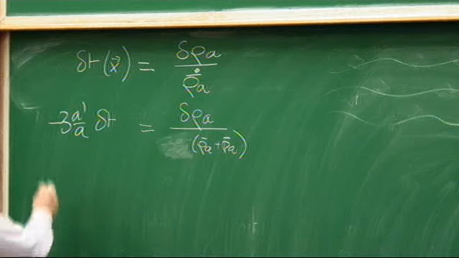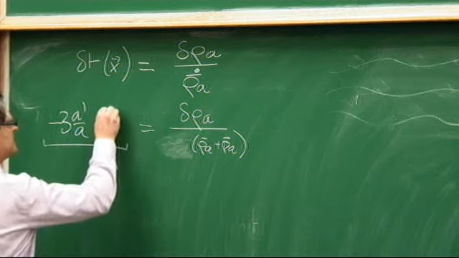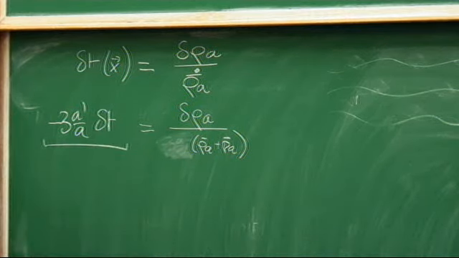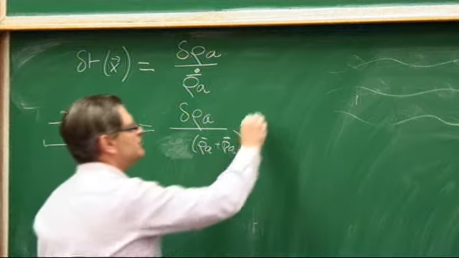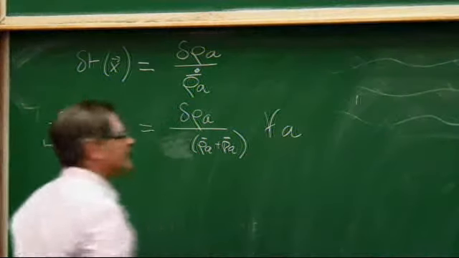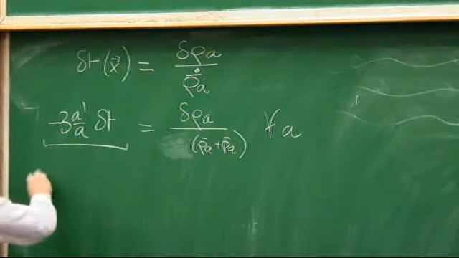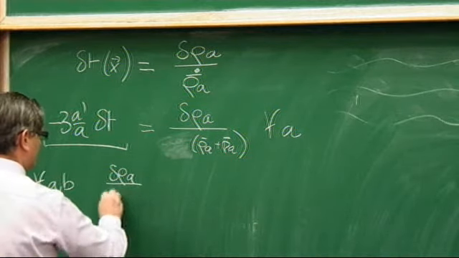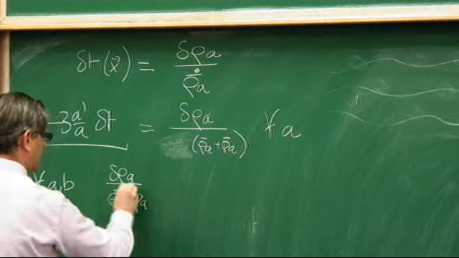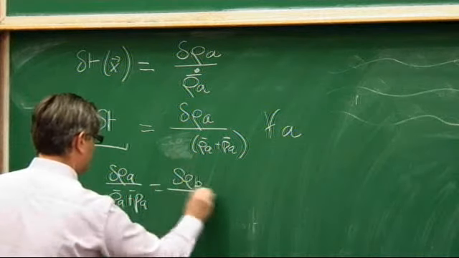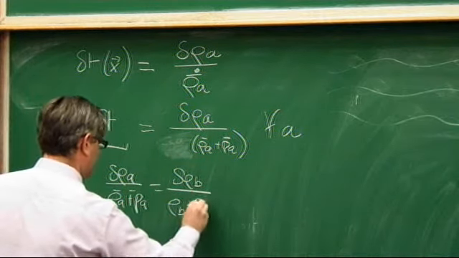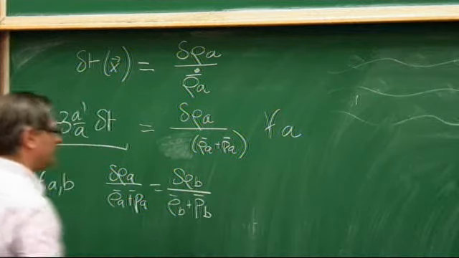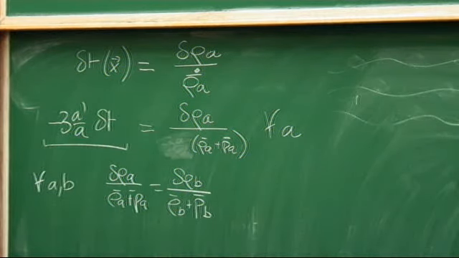But what is important is that this quantity is the same for all species. I have a unique delta t in my problem, a unique scale factor. So this is true for any A. So what it means is that in such a universe, for any pair A, B, I have delta rho A over rho A bar plus P A bar equal to delta rho B over rho B bar plus P B bar. So I have a relation between all my perturbations.